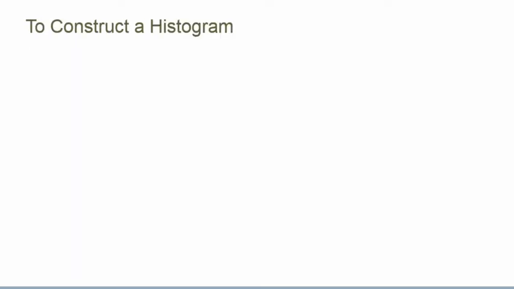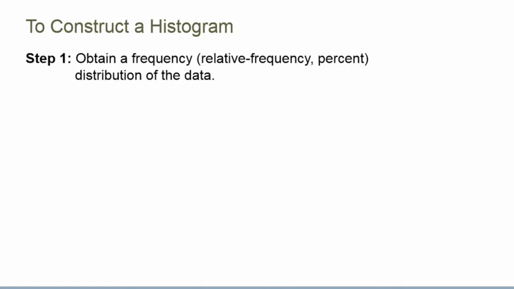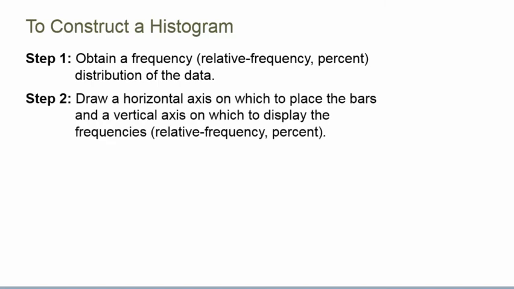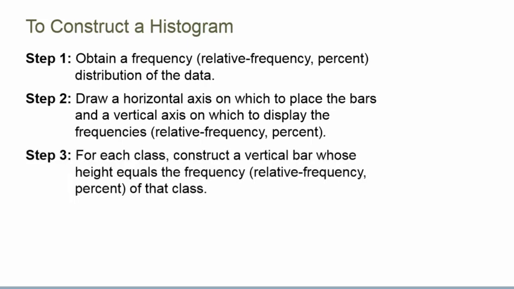To construct a histogram, Step 1. Obtain a frequency, relative frequency, or percent distribution of the data. Step 2. Draw a horizontal axis on which to place the bars and a vertical axis on which to display the frequencies, relative frequencies, or percent. Step 3.